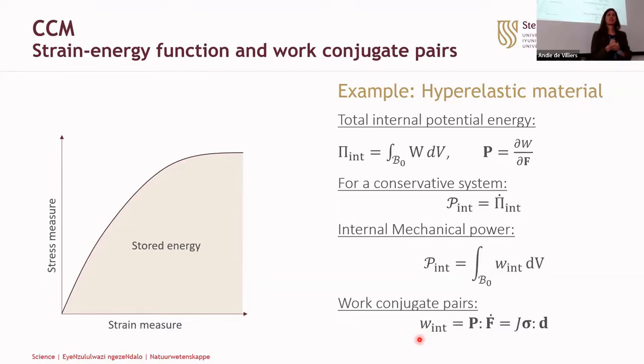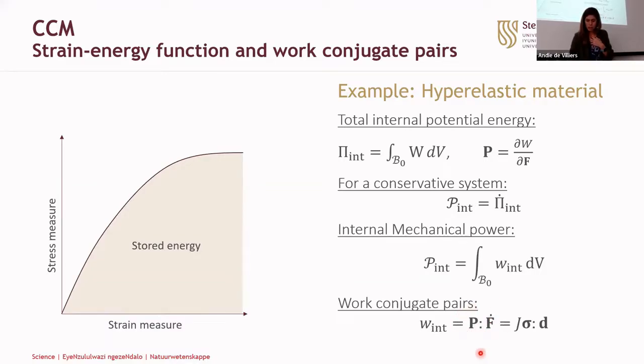The rate of internal work is usually written in terms of work conjugate pairs. If you think back about the definition of work, or if you consider the work that a force does on a particle, it's the dot product of the force and the displacement. So here you have something similar, right? It's a stress measure contracted to a strain measure.